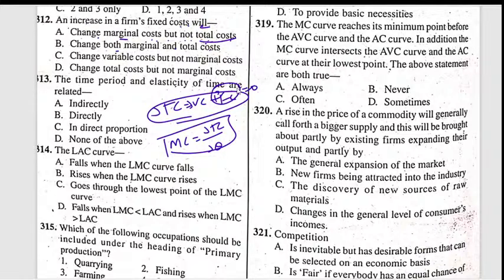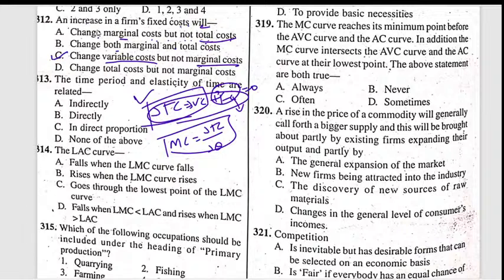It does not matter whether the value is more or less; it becomes zero because it is a constant term after differentiation. So marginal cost depends only on variable cost, and there is no change in marginal cost, only in total cost.